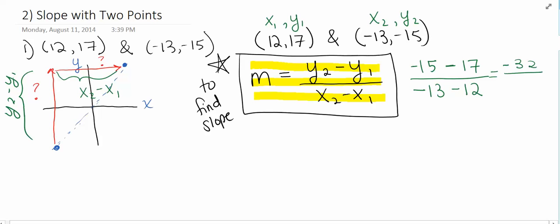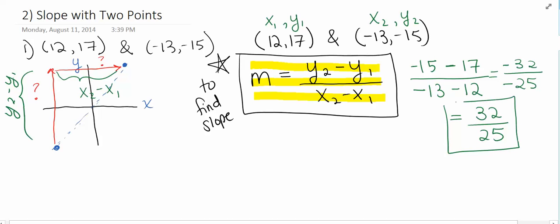Negative 13 minus 12 is going to be negative 25. We want to see if we can reduce this at all. It doesn't look like we can reduce it, except we could divide the top and bottom by negative 1. So our final answer would be 32 over 25.